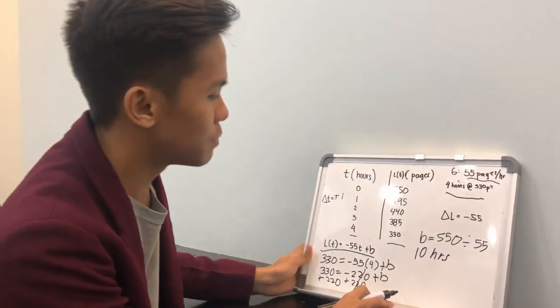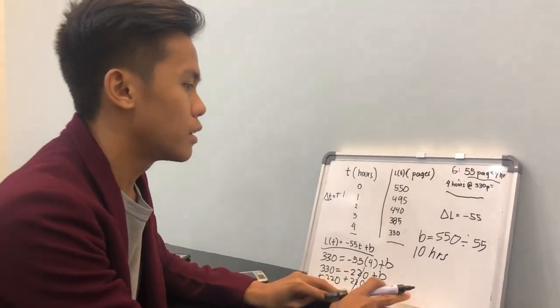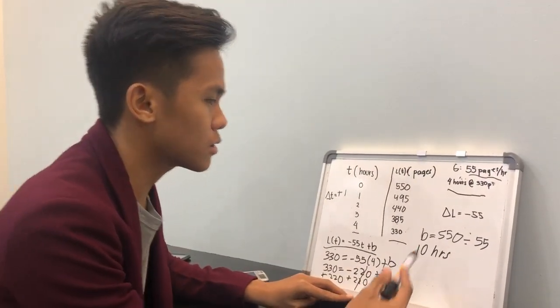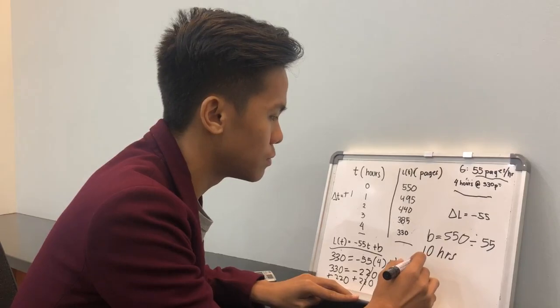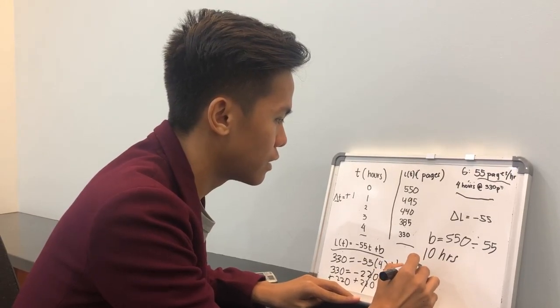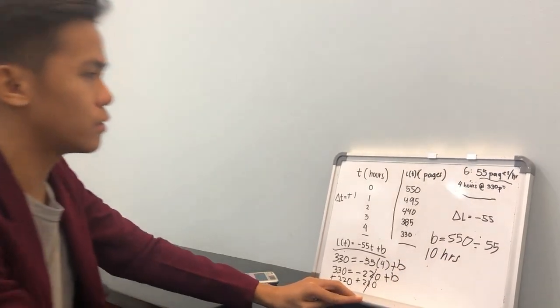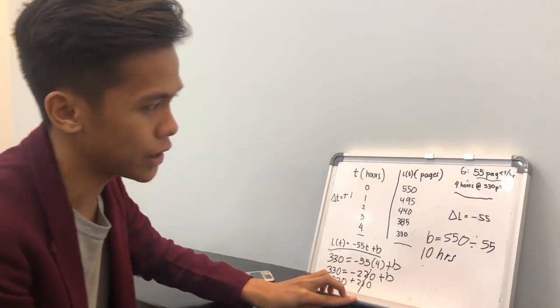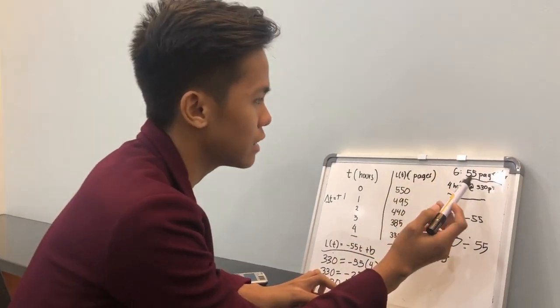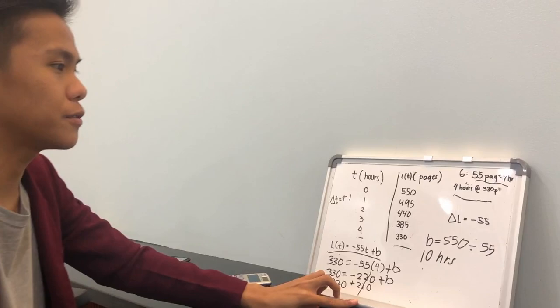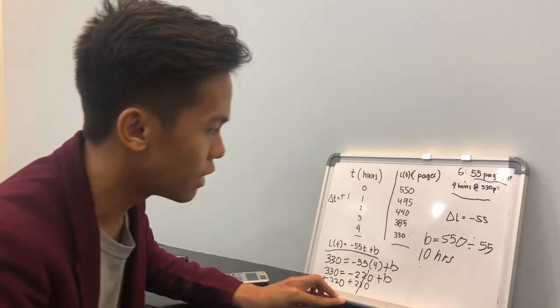And as you can see, if we also divide 550 by 10, the answer will be 55, which is consistent with 55 pages per hour.